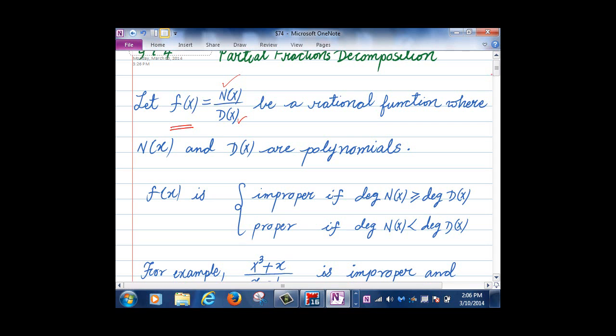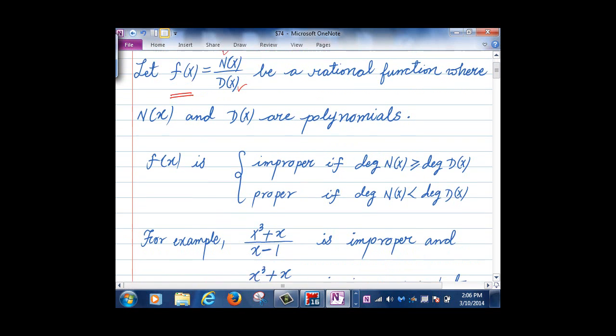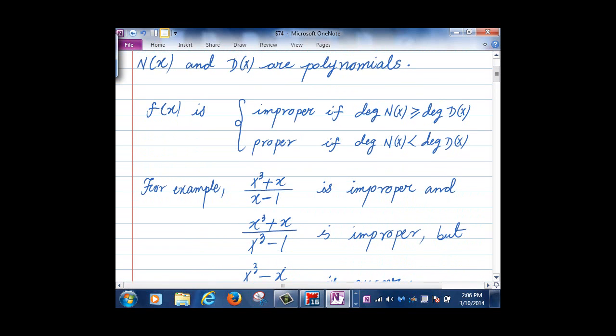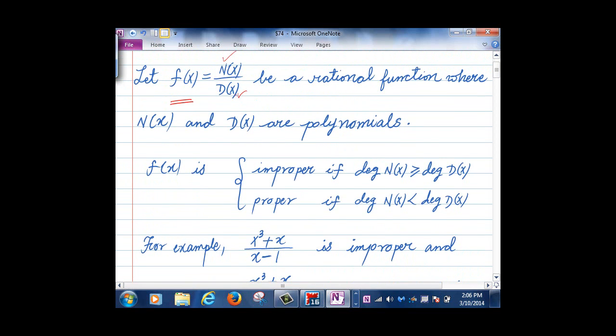2 divided by 2 would be improper as well. Now what's the difference? The difference is when the numerator is bigger, we call that improper. When the numerator is smaller, we call that proper, right? Same way, if I have a function f, which is the ratio of two polynomials, then we call f of x improper if the degree of the numerator is greater than or equal to the degree of the denominator.